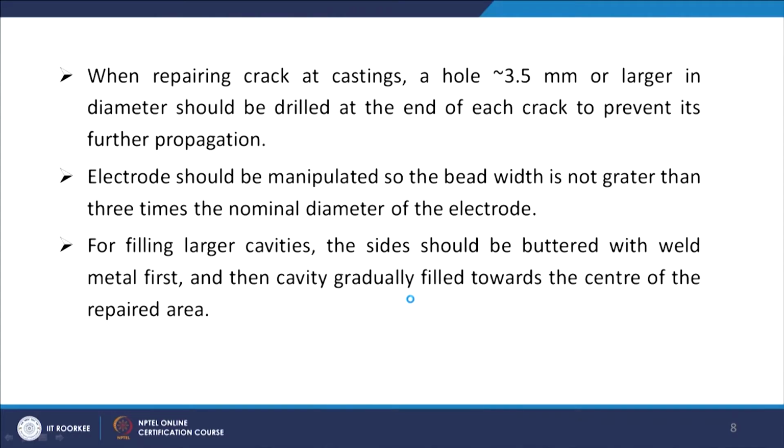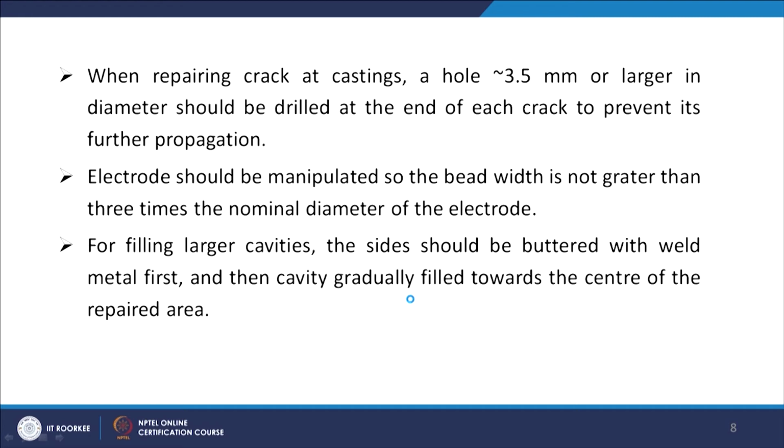Then next, when we are repairing a crack in castings, a hole about 3.5 mm or larger in diameter should be drilled at the end of each crack to prevent its further propagation. So, that is another way to avoid the propagation of cracks, because in the case of cast iron there is a chance of crack propagation, as they are brittle materials.